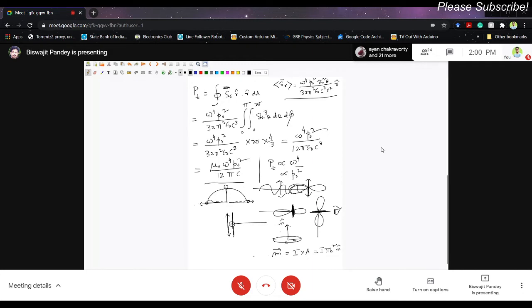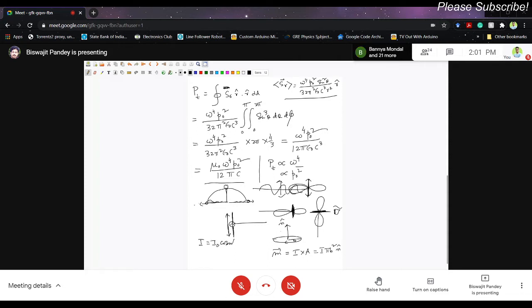Now what happens if I send a time varying current through some closed loop? I'm not discussing current at the atomic level, but the idea of magnetic moment is everywhere. Suppose I equals I zero cos omega t.